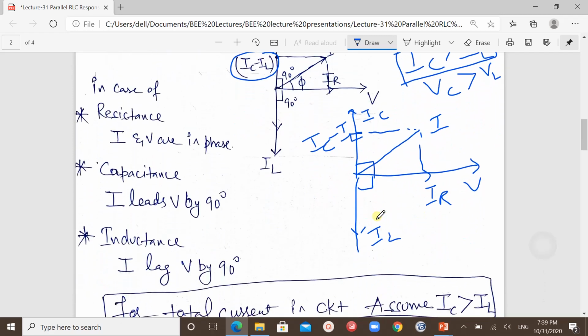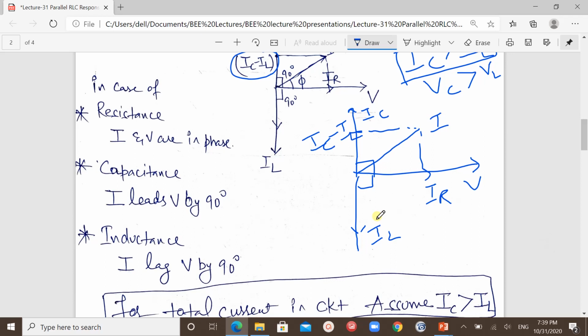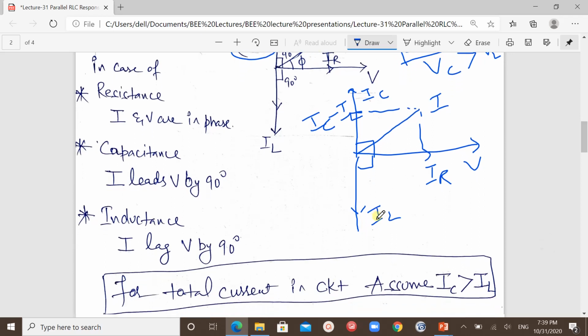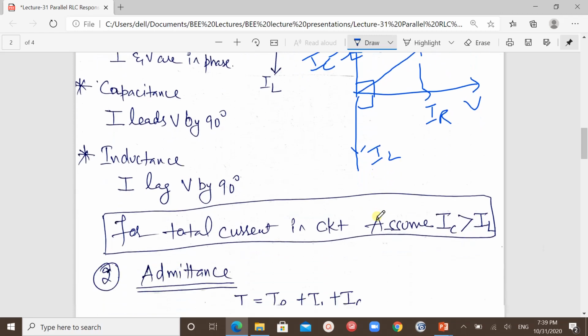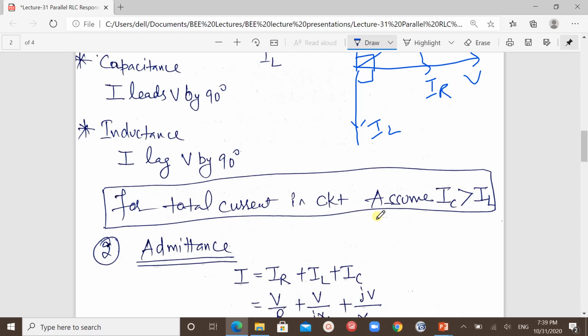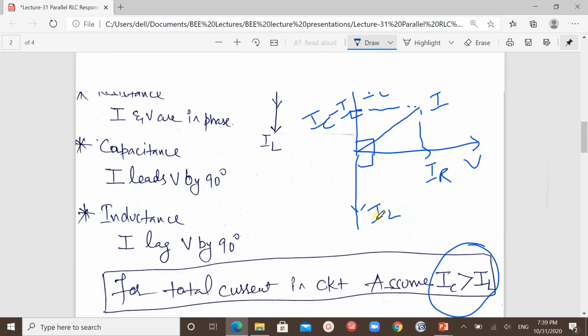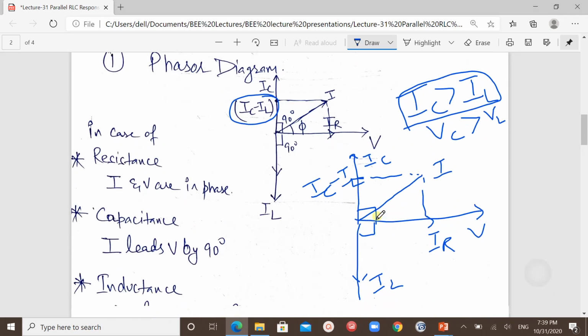Here I have written that in resistance I and V are in phase with each other, in capacitance I leads V by 90 degrees, and in inductance I lags voltage by 90 degrees. For total current in the circuit we assume the condition IC greater than IL. So this is about the phasor diagram.